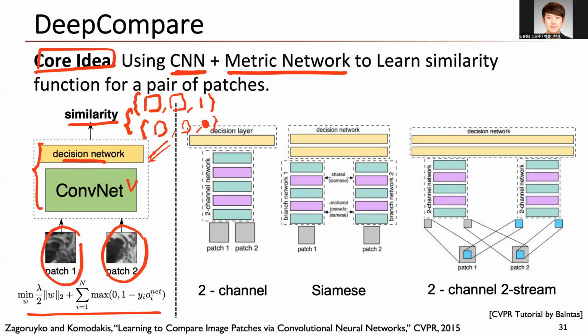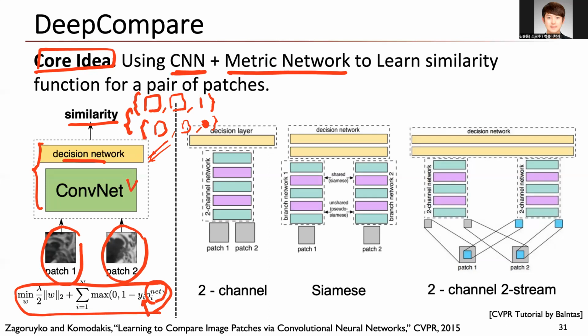And first of all, they use this kind of loss function. This loss function is very, very simple. For a matched pair, the output of the network should be 1 if yi, the label, is 1; if it is 0, the output of the network should be 0.